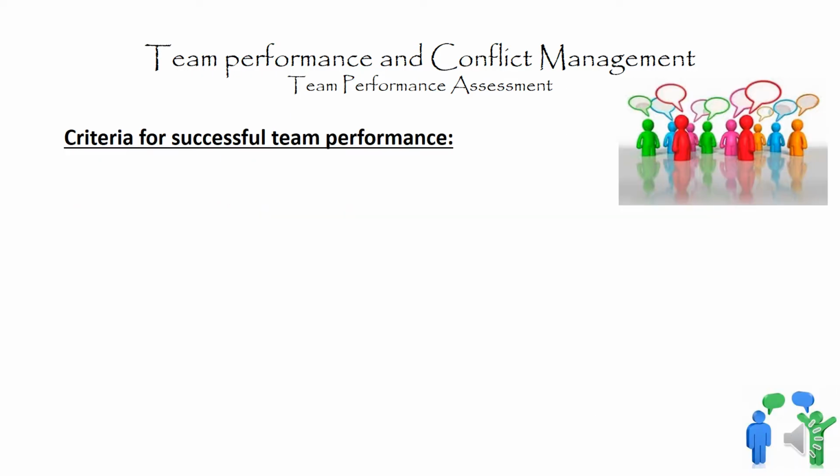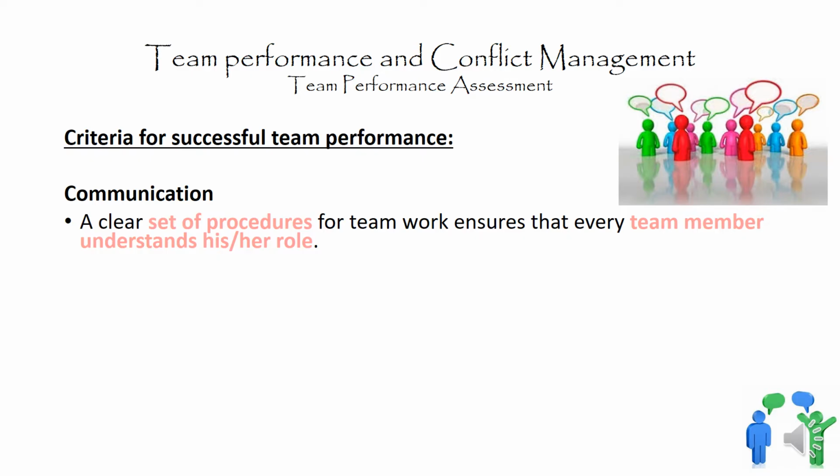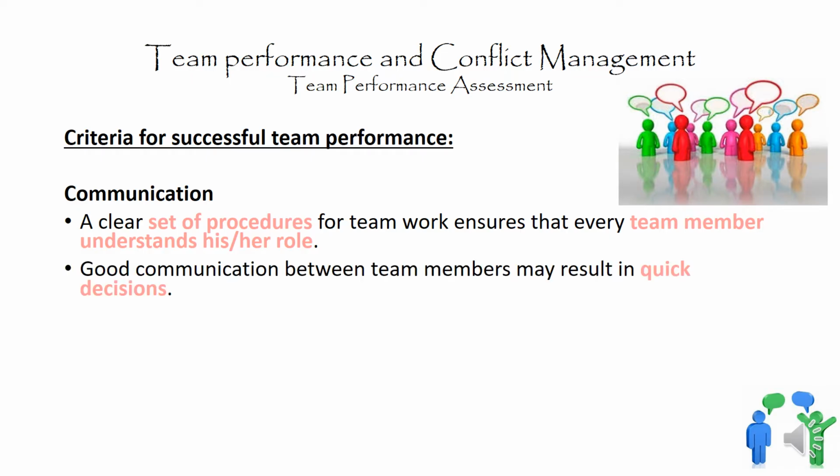The next criteria for successful team performance is communication. A clear set of procedures for teamwork ensures that every team member understands his or her role. In other words, once we have delegated tasks, it has to be very clear what each person's role and responsibility is going to be. Good communication can also result in quick decisions.